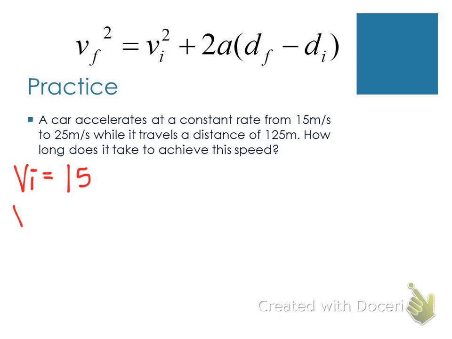Good. And we know our final velocity is equal to 25. It travels a distance of 125 meters. Is this distance initial or distance final? Final. Thank you, final.